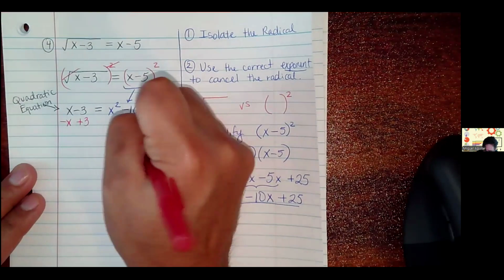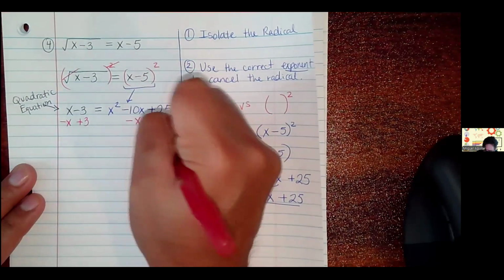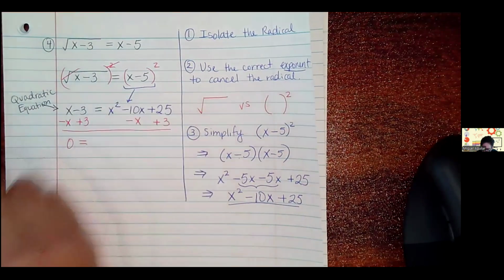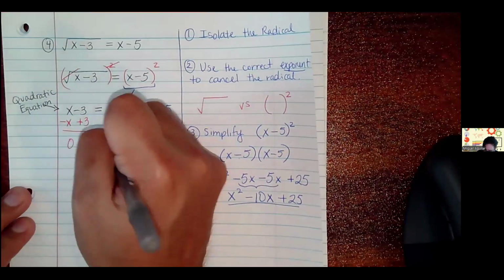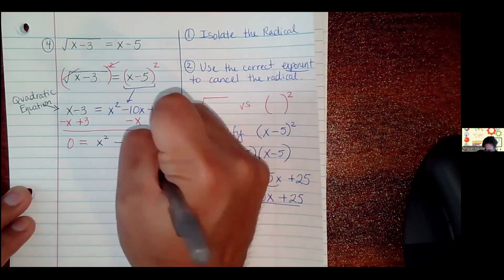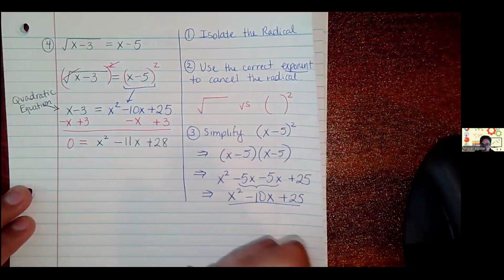So I'm going to subtract x here, and I'm going to add 3 here, so that I can get 0 equals x squared minus 11x plus 28. Okay.